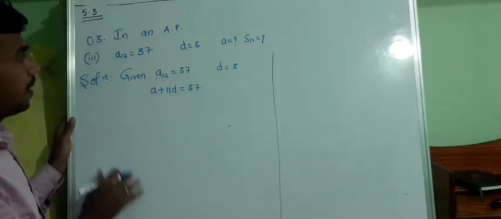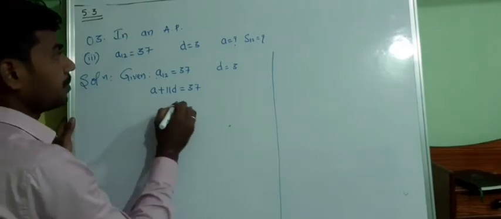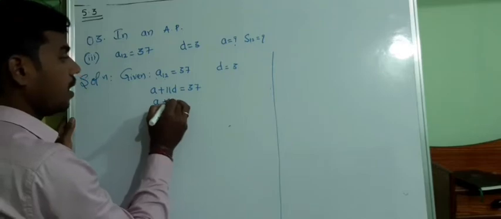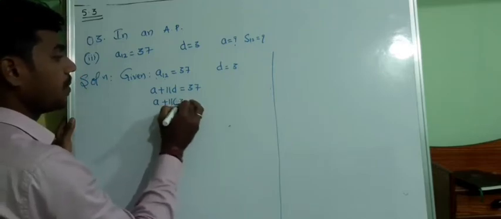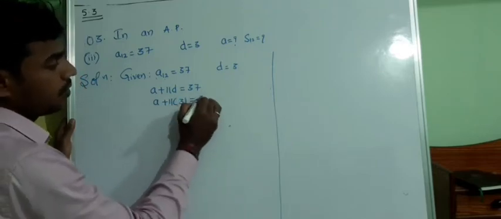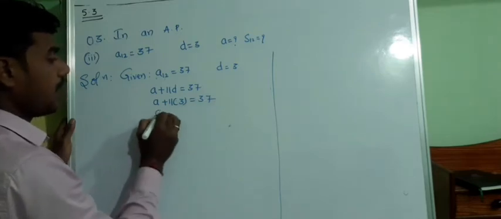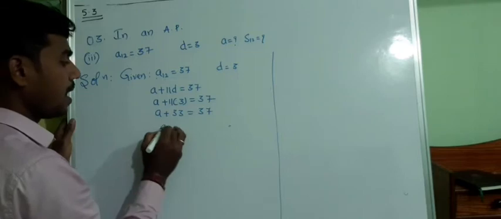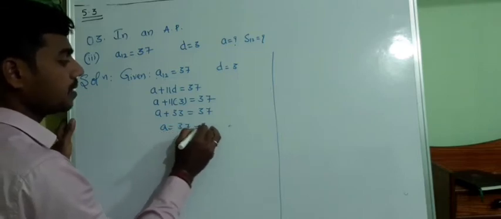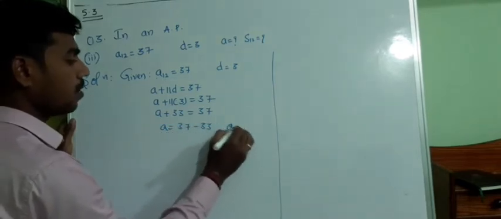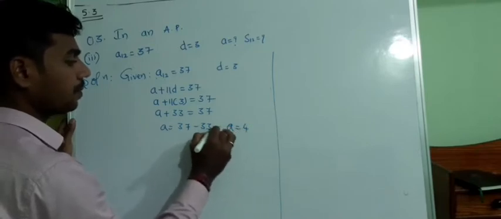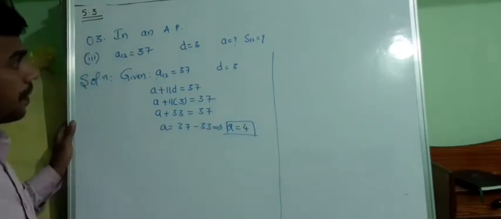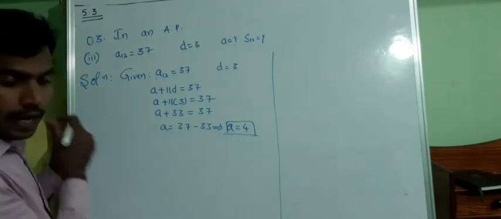Now, what is A I need to calculate? 11 into D, in place of D I will write 3, is equal to 37. So A plus 33 is equal to 37. A is equal to 37 minus 33, or else A is equal to 4. Now I got the first term as A is equal to 4.